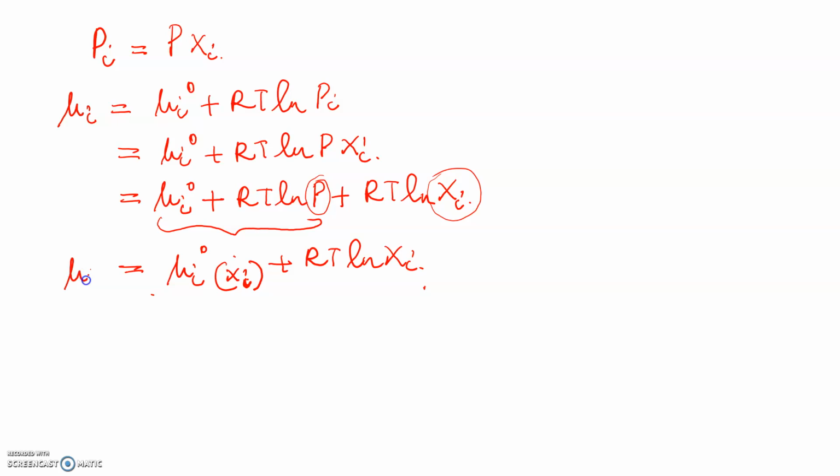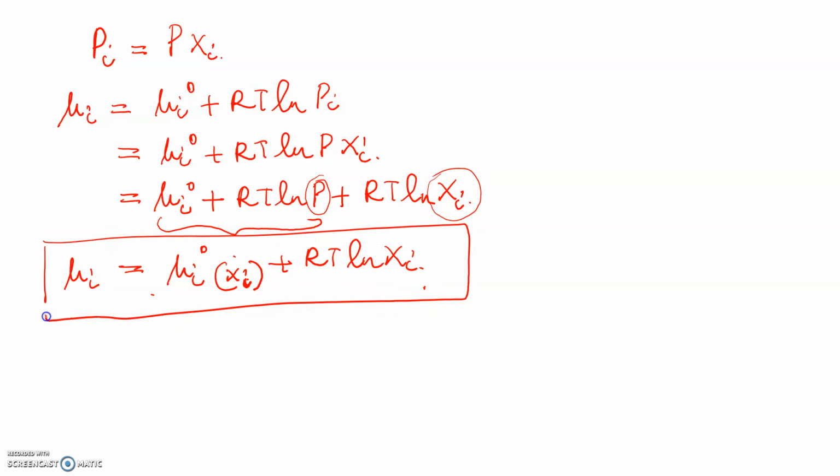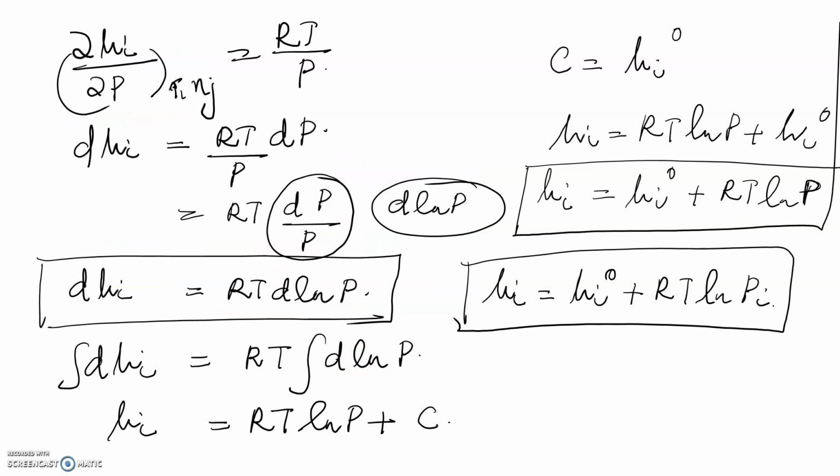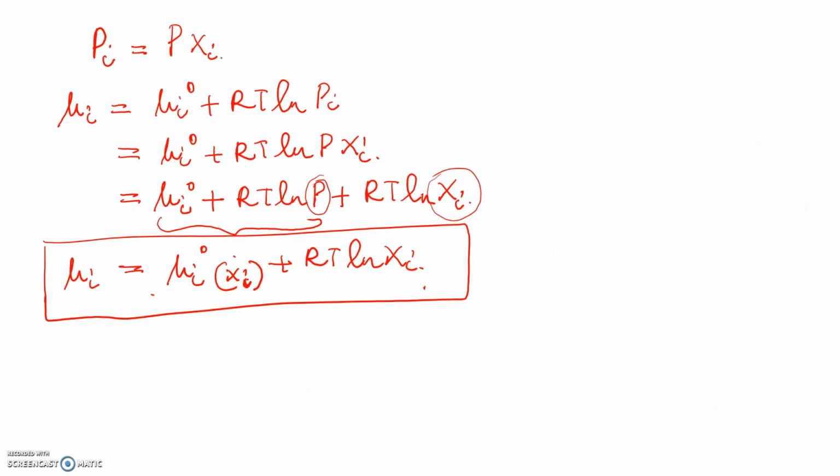Now we have obtained a relation for chemical potential in terms of the mole fraction. This is in terms of mole fraction. The previous one was in terms of concentration, and we also derived one equation in terms of partial pressures. Let's write these three equations together. This is in terms of mole fraction.